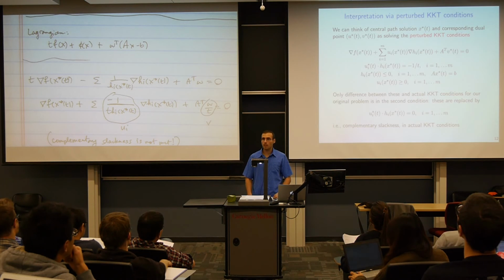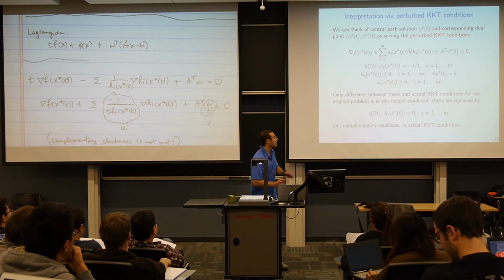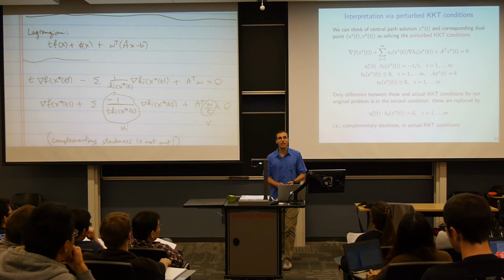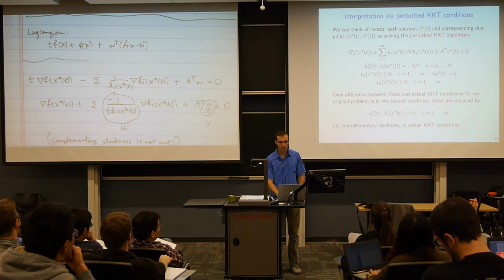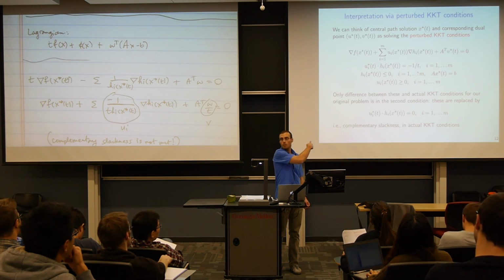So an equivalent way of thinking about it is, if you forget about the log barrier function entirely, forget about the idea that it approximates the indicator function and gets better and better as t gets bigger and bigger, you can think about this instead. What I've done is taken the KKT conditions and replaced complementary slackness with something where I have minus 1 over t on the right-hand side. And I've solved this problem.